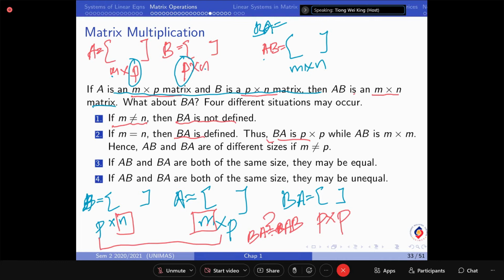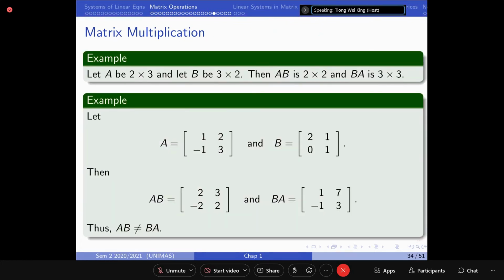We will look at the example here. We have two matrices A and B. If you find AB, it equals this, and BA equals this. So in this case, AB is not equal to BA. You need to remember that AB is not necessarily equal to BA.